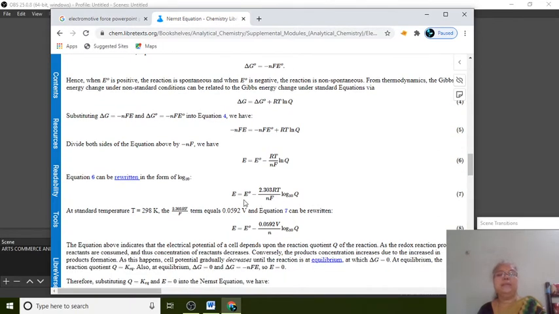And this is the Nernst equation for cell EMF, or for any electrode we can calculate the electrode potential by this equation.